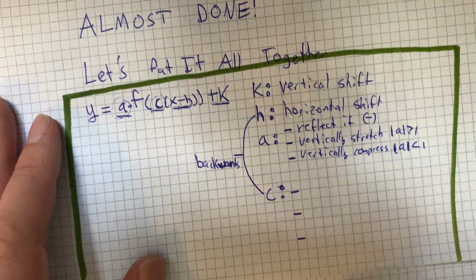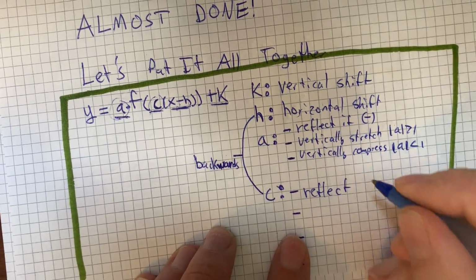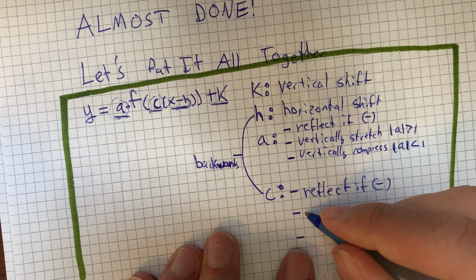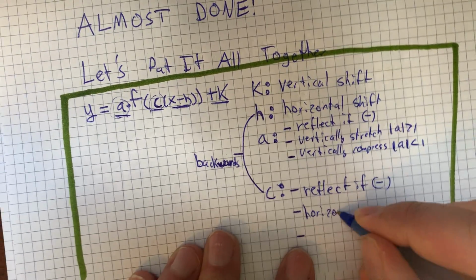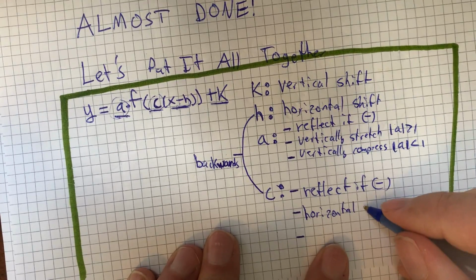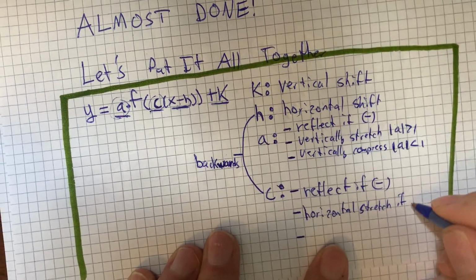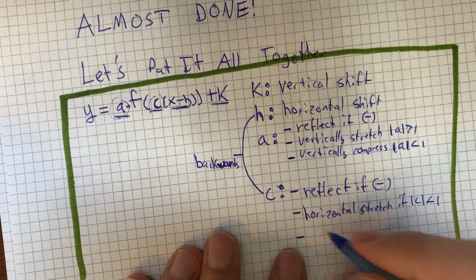C is the new one on the inside, and it can reflect just like A could if the C is negative. And it is a horizontal stretch if C is less than 1. So it's backwards than what we might think.